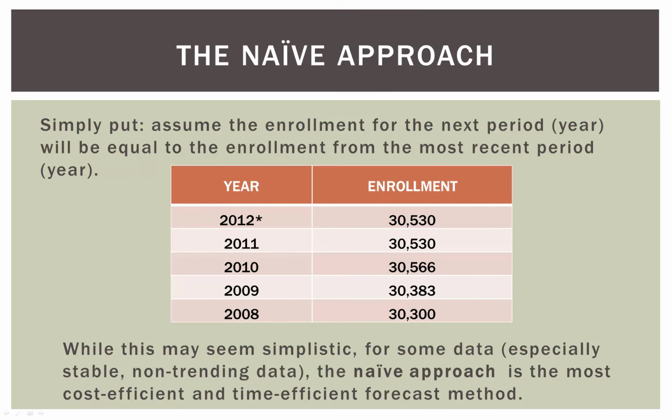Of course, this is the easiest and most simplistic method you could probably use. But for some data, especially stable, non-trending data, the naive approach is actually the most cost-efficient and time-efficient forecast method. So really it just depends on the characteristics of your data whether or not the naive approach is applicable or not.